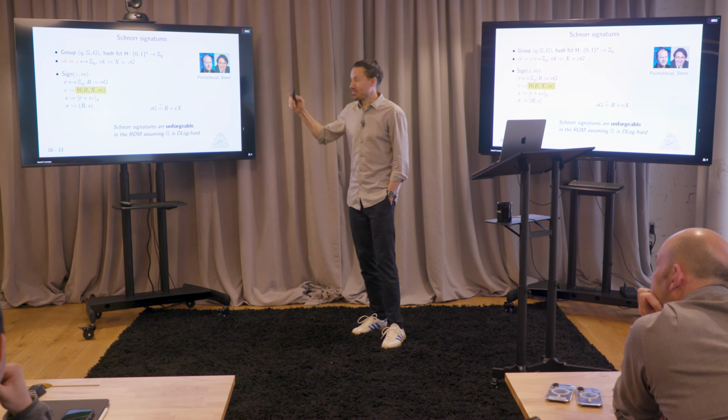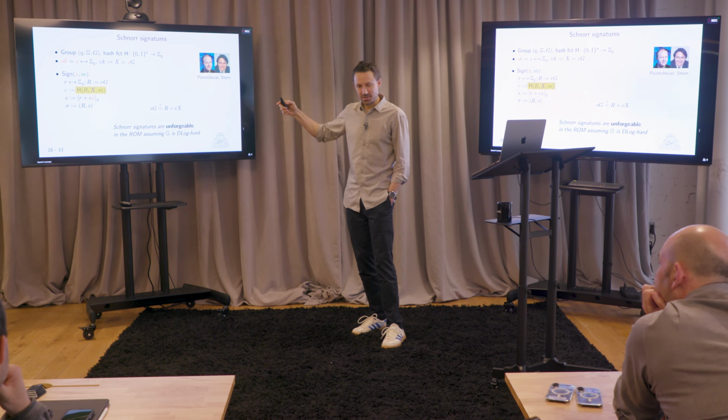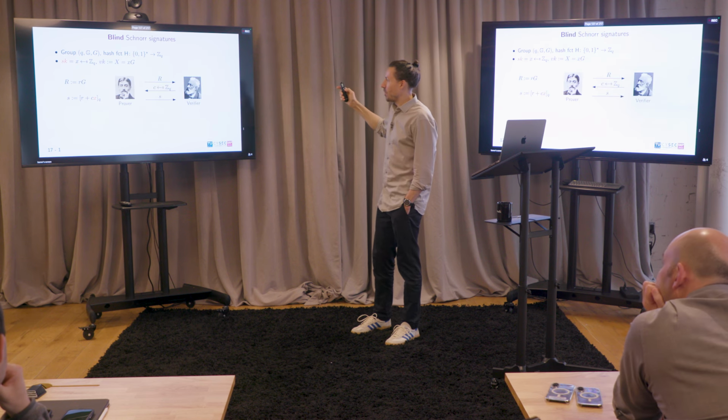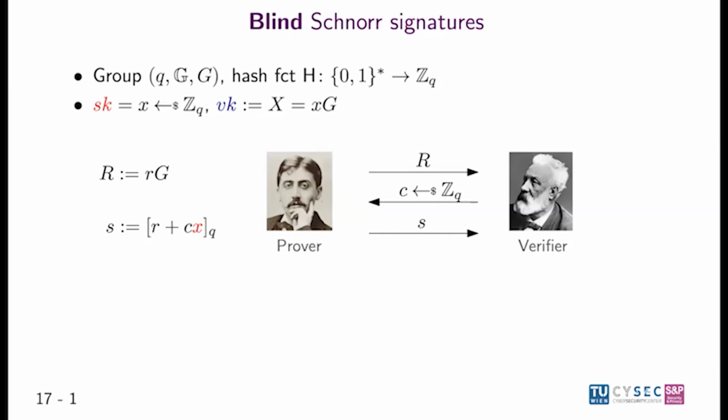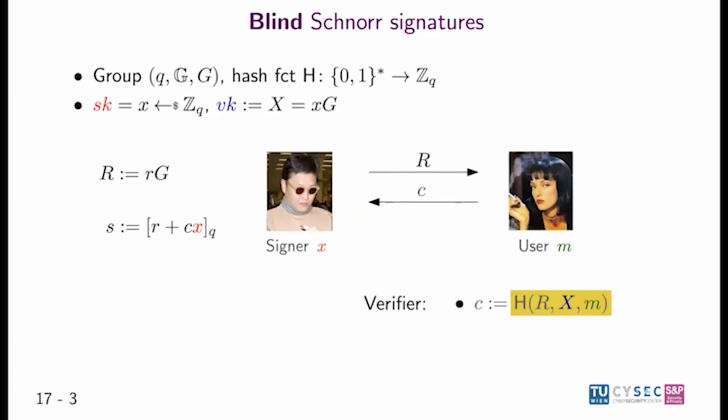Okay, how can we turn this into a blind signature scheme? So let's go back to the identification scheme. So we had Marcel and Jules, but since this is more modern, they should be Marcellus and Jules, in case you know the characters. Anyway, so the idea is that basically the blind signer and the user run this protocol interactively, because now what the user can do, the user can compute this challenge.